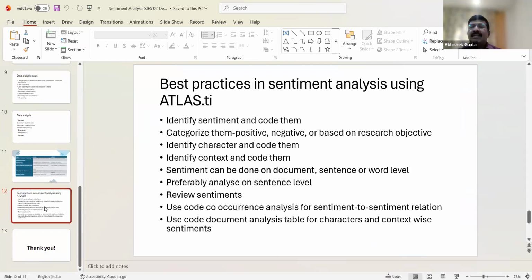I'll read the best practices based on my understanding about sentiment analysis. So quickly I will read. Just a second. Let me charge my mobile.